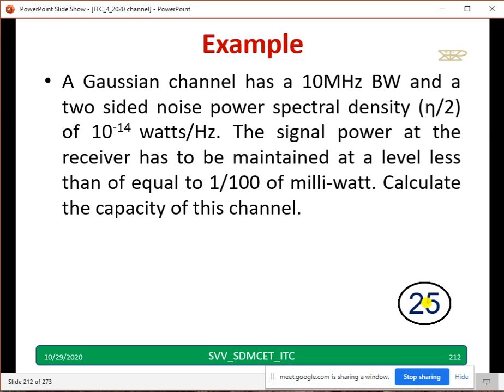The signal power at the receiver has to be maintained at a level less than or equal to 1 by 100 of a milliwatt. Calculate the capacity of this particular channel.